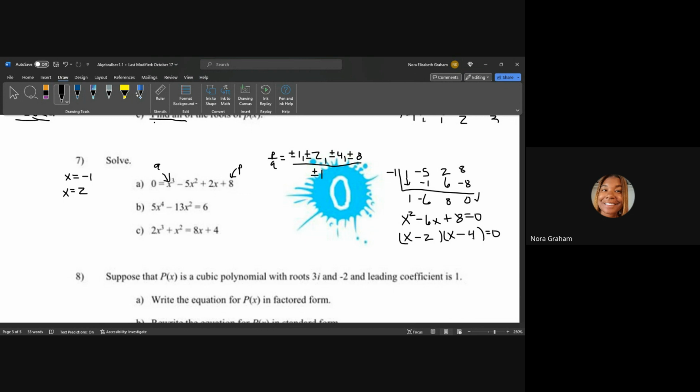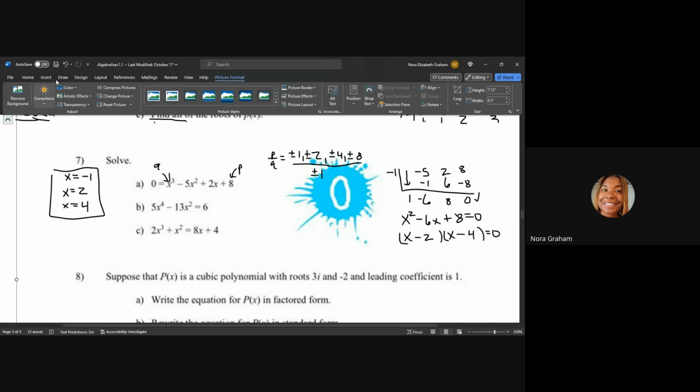If I set x minus 4 equals 0, I have to add 4 to both sides, so then I get x equals 4. Okay. So those are all my answers for A. Those are all my roots. And when it says solve, it means find all your roots.